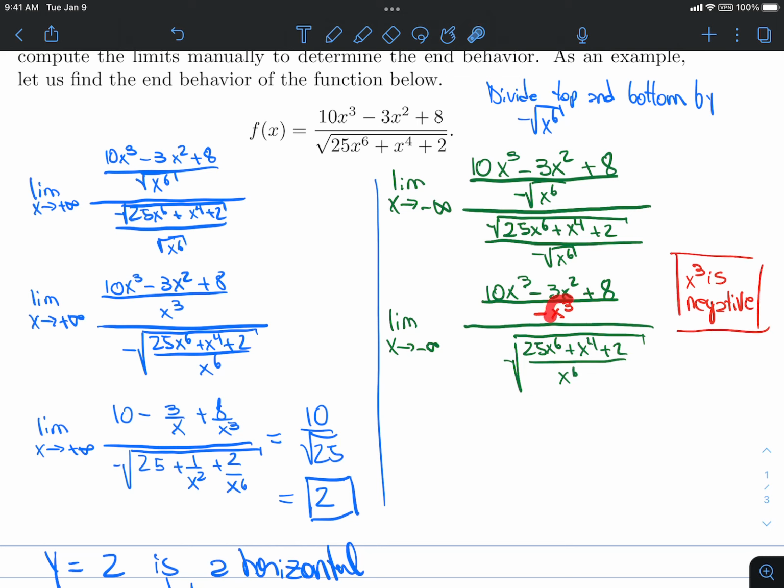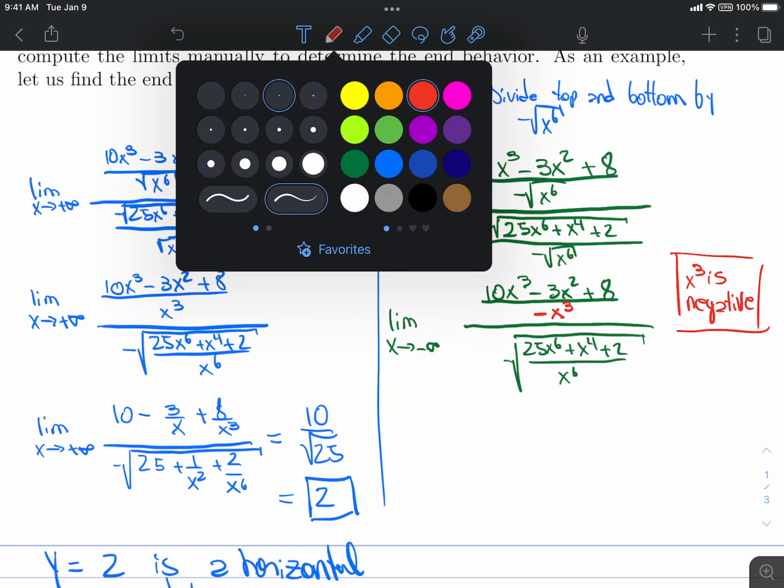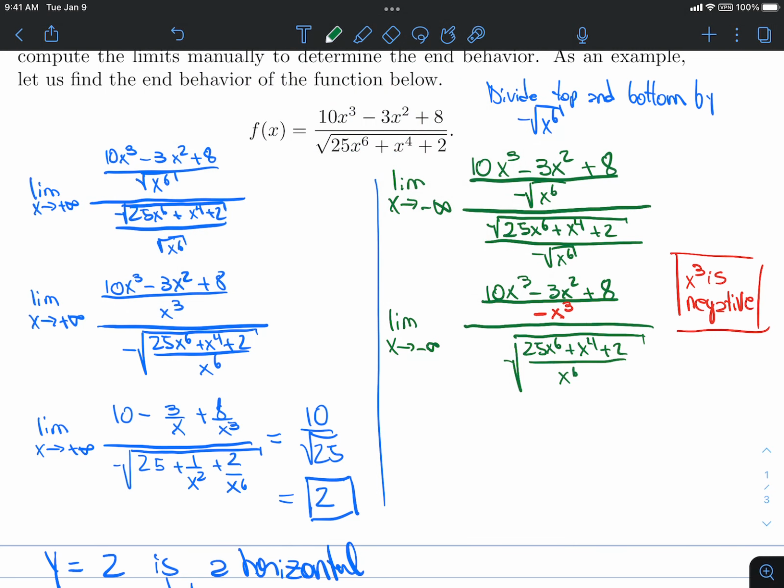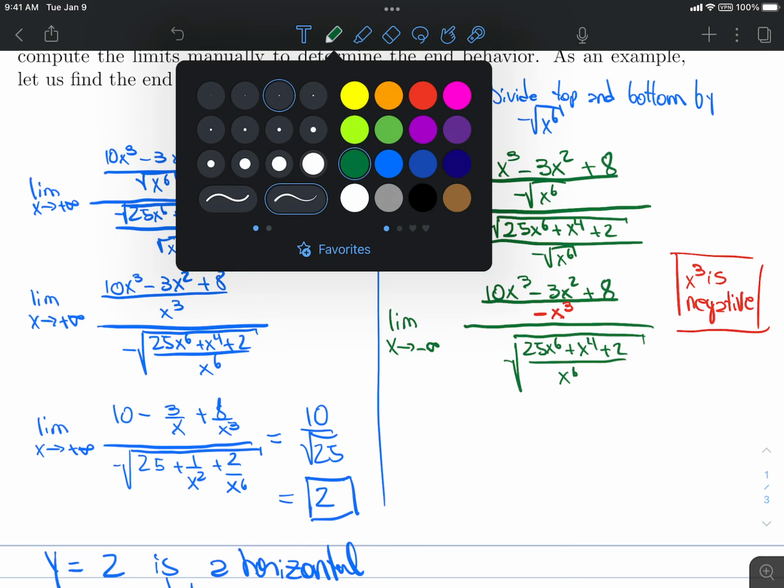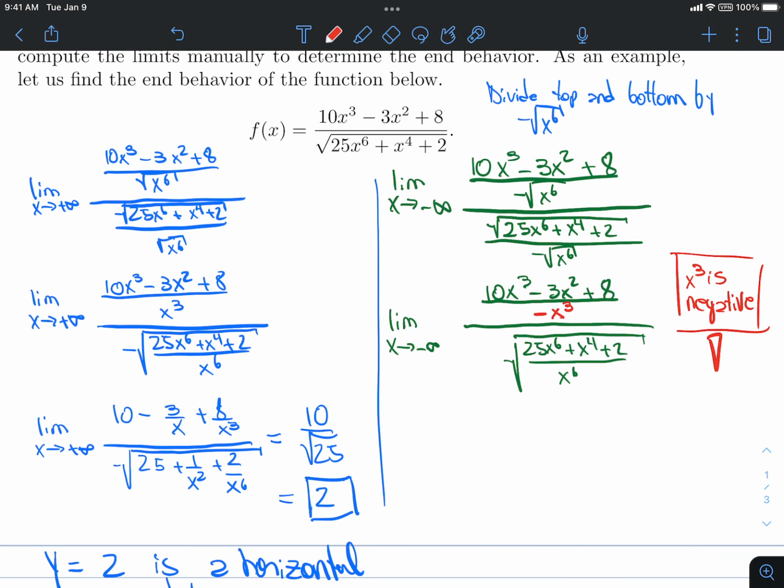If I said that the root was x cubed, I would be saying that the root was a negative number, which is not true. The root is a positive number. So I need to add this extra minus sign to correct the negative I already had. Again, take a second to absorb this.